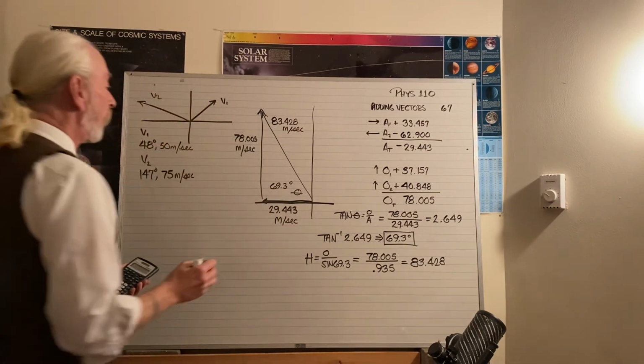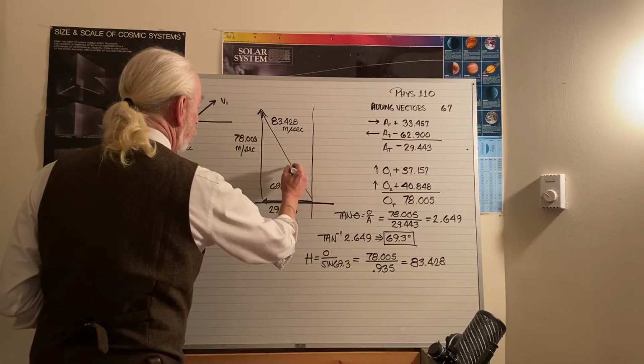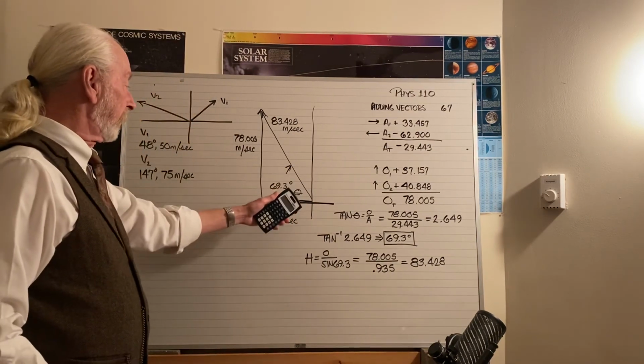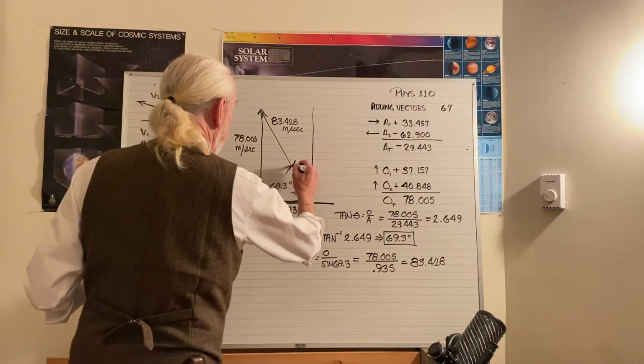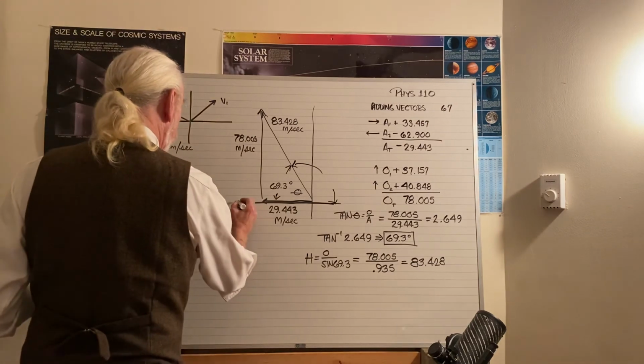Okay, we're almost done, but there's one thing that we've left to do. Yes, this angle here is 69.3 degrees. That is true. But what we want is this angle, the actual angle. So that's easy.